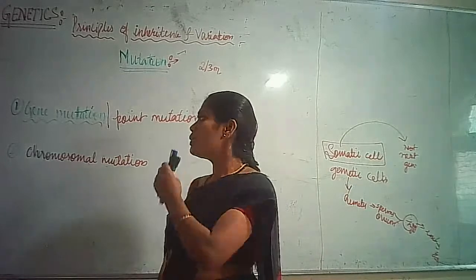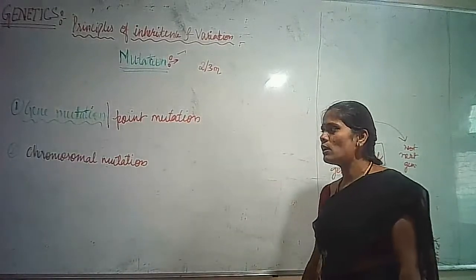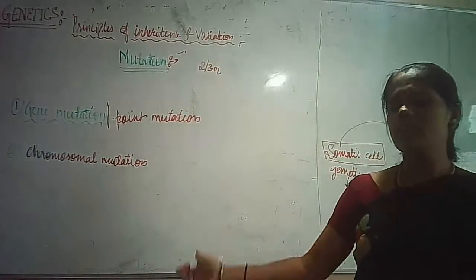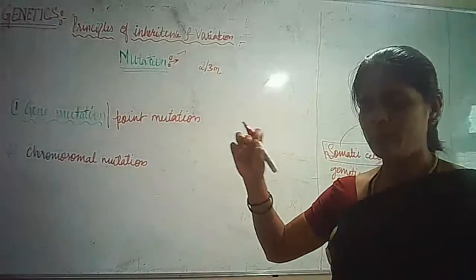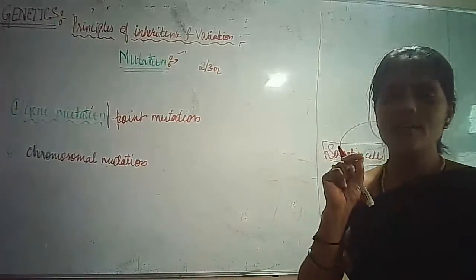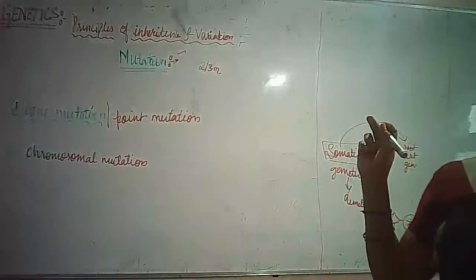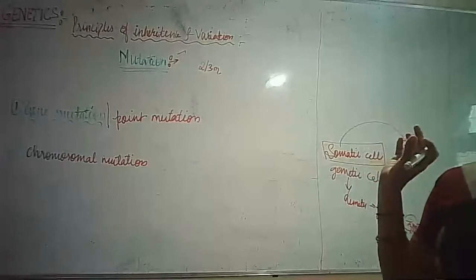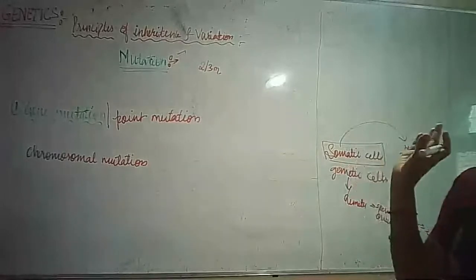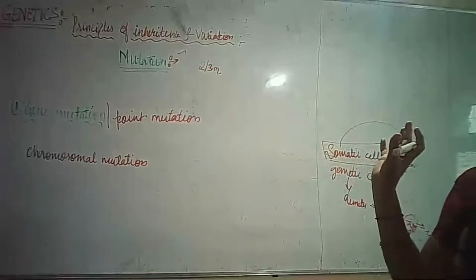Here I am talking about gene mutation or point mutation. What is a gene? It is a sequence of DNA. Gene is nothing but a sequence of DNA. So you can see the change is confined only to the gene, resulting in a changed sequence or arrangement of the nucleotides.